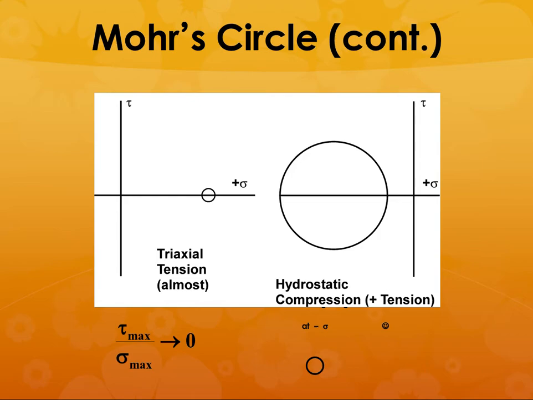And if you have triaxial tension, where the component is being pulled equally in all directions, that means tau max over sigma max is approaching 0. And if you have hydrostatic compression, like in the case of an autoclave, it is negative, which means it is placed on the negative side on the Mohr circle.